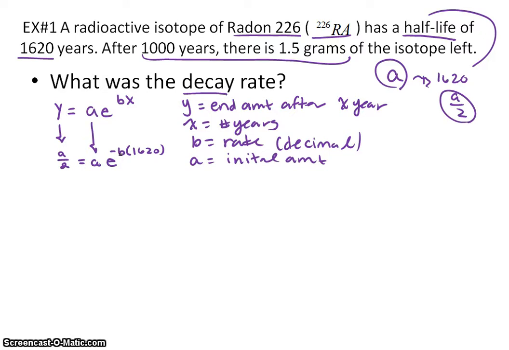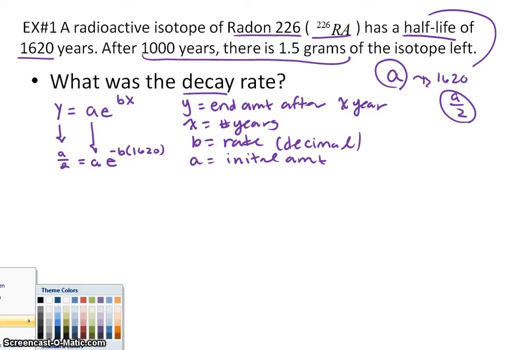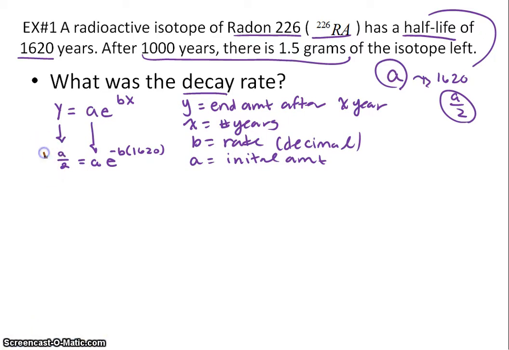Okay, so what we can do is we are going to solve for b, our unknown decay rate. We want to find our rate, which is b. So what I can do is I can multiply both sides by 1 over A. So if I multiply by 1 over A here and 1 over A here, notice that the A's cancel out.